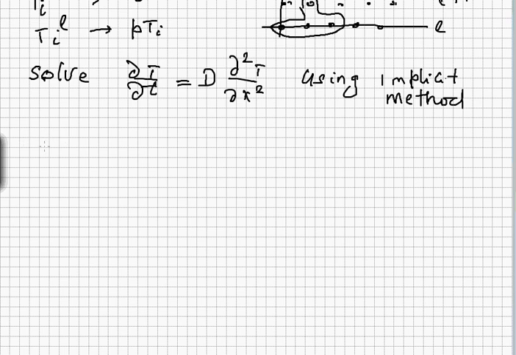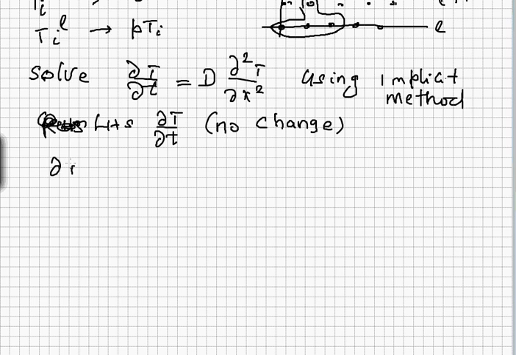Well, to do the implicit method, my left hand side, which is dT/dt, there is no change. I'm going to approximate dT/dt exactly the same as we did before.